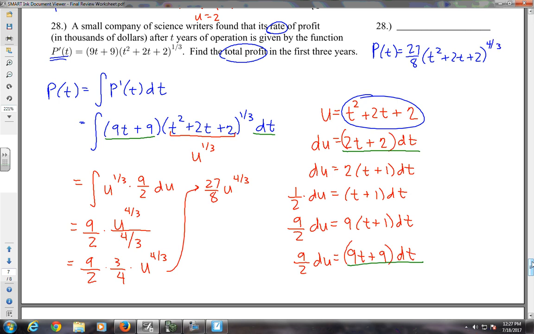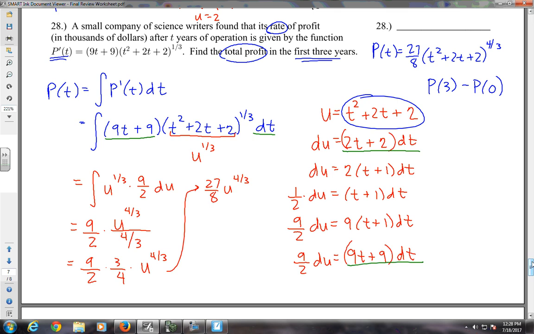Find the total profit in the first 3 years. So ultimately, I need to evaluate this from 0 to 3. Okay, so we've integrated. Now we're doing the definite integral part. We're going to evaluate P of 3 minus P of 0. Is everybody with me?